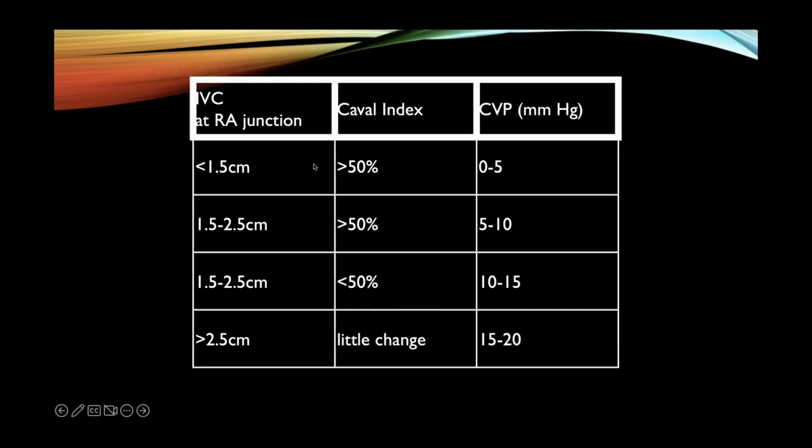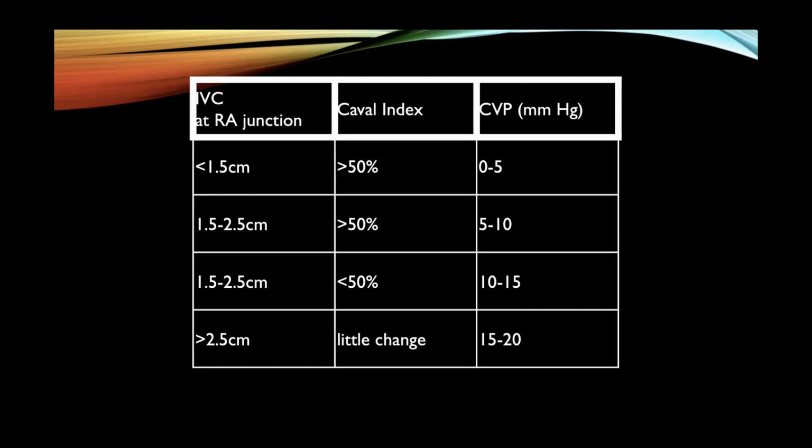This table is actually very high yield for the test. It's for ultrasound boards and for critical care echo boards. If you're not taking echo boards, it's still important because even if you don't remember every number in here, even if you just remember greater than 50% or less than 50%, that can help out a ton.